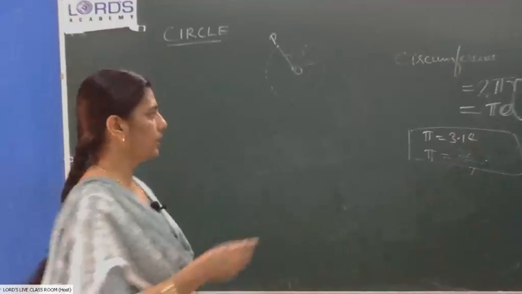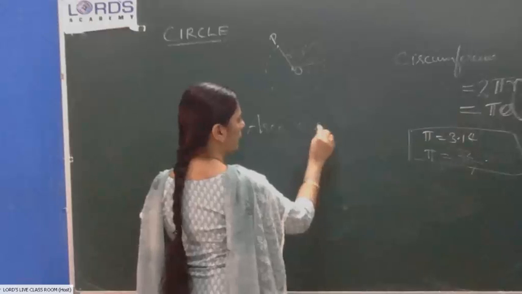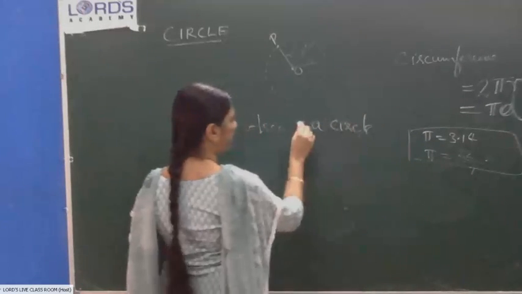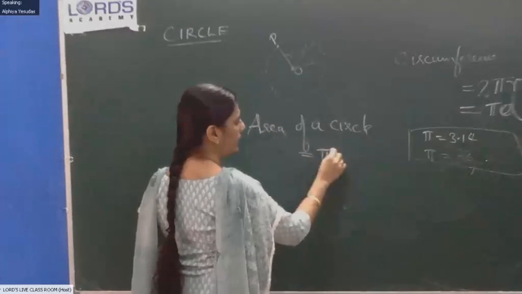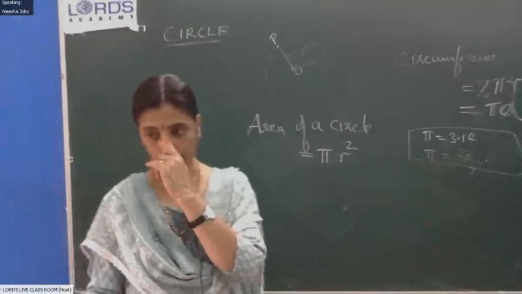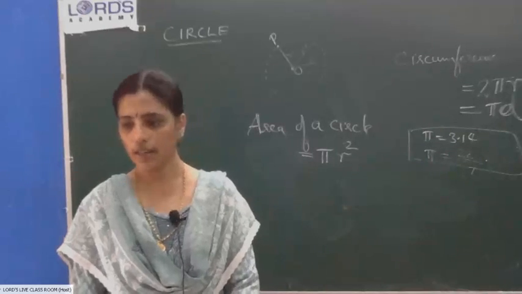Next, area of a circle. Did you study? Area of a circle is equal to pi r square.